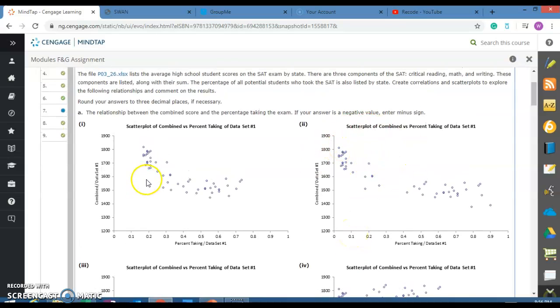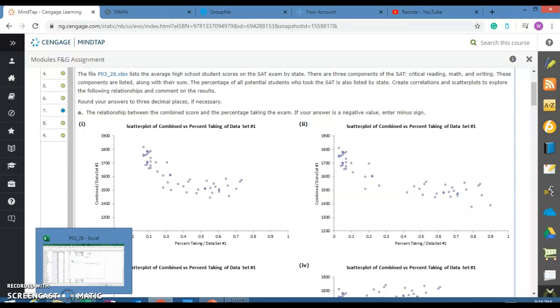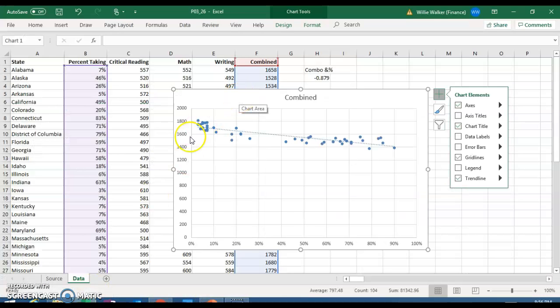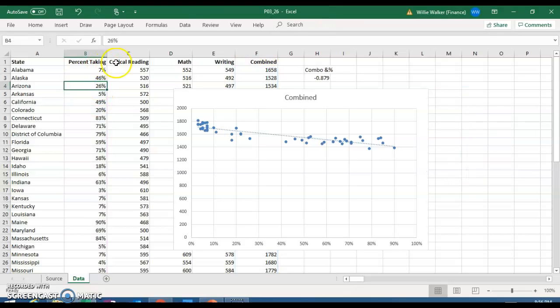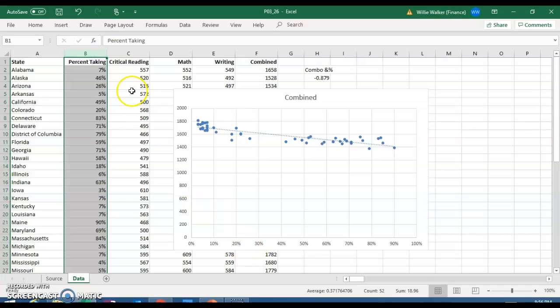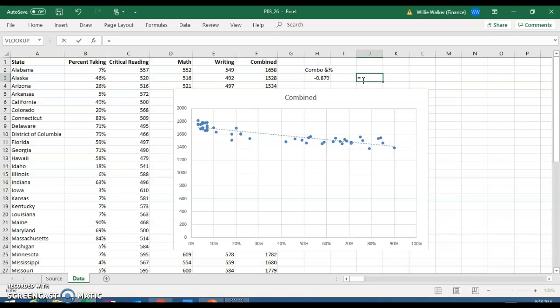So now we're stuck between these two. We're trying to decide if it's going to be this one or this one. Okay, this data set starts closer to 0.2. This one starts closer to 0. As we can see here, if we just find our minimum value for percentage taken, which is our horizontal axis, let's just find the min. I'm going to do equals min, percent taken, 0.03.